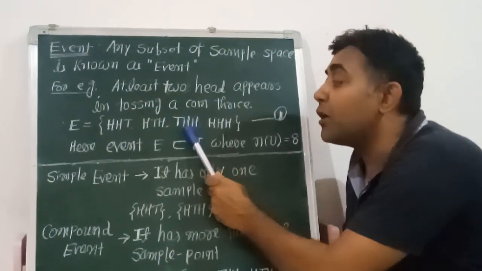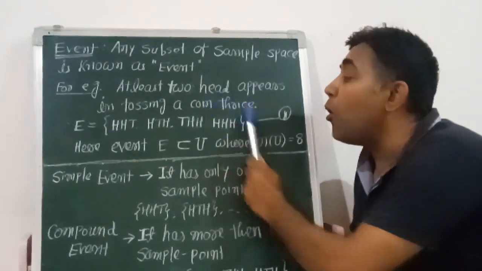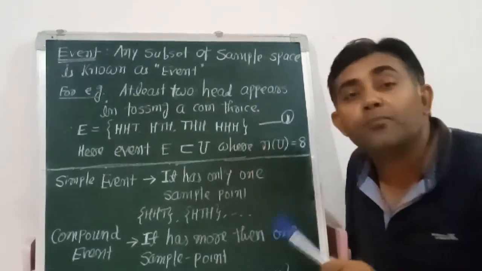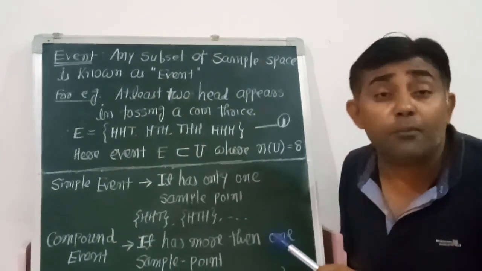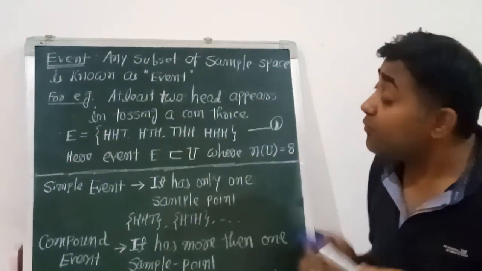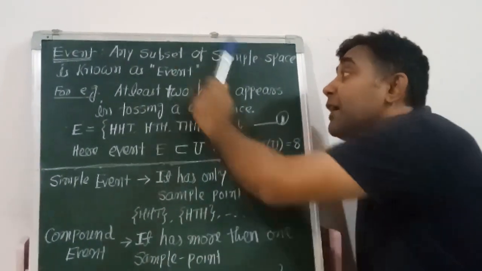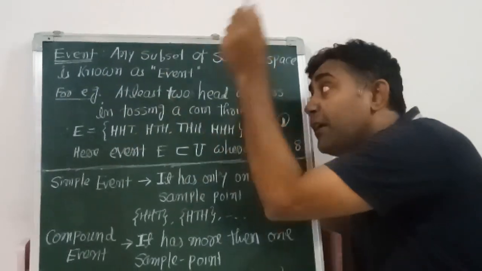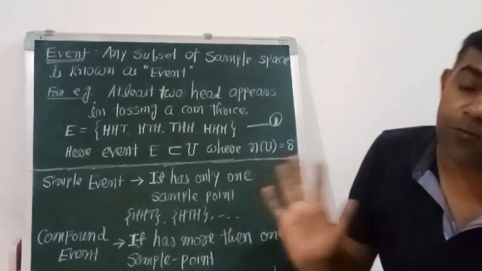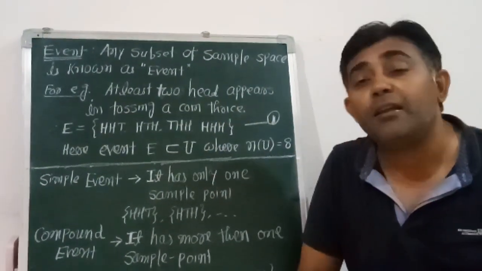So these are three outcomes, and one more where all three times we get head. These four possible outcomes we may write for this event. Now see that this event is obviously a subset of the sample space. That's why in the definition we say that any subset of sample space is called an event.